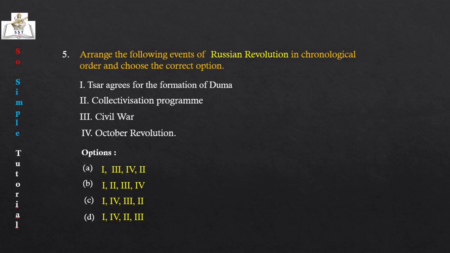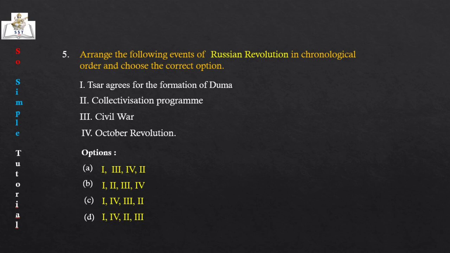For example, look at this example. Some events are given from the Russian Revolution. Tsar agrees for the formation of Duma. Collectivization program. Civil war. October Revolution. We know that the Tsar agreed for the formation of Duma after Bloody Sunday. That means which year? 1905.